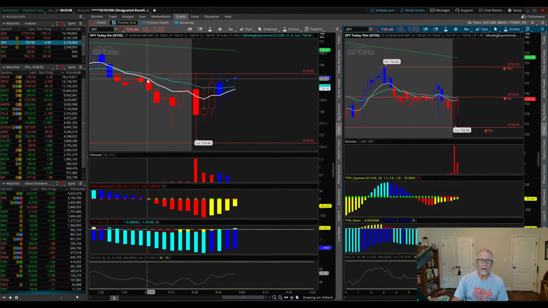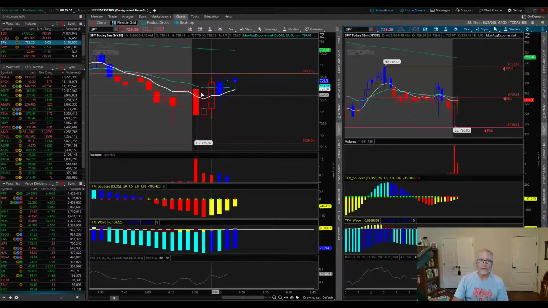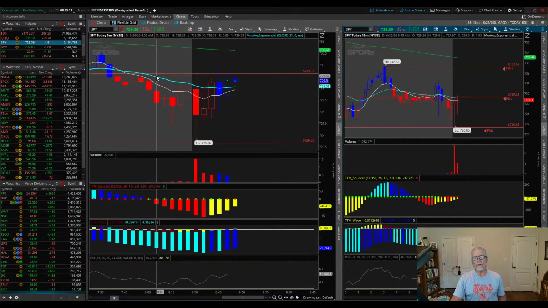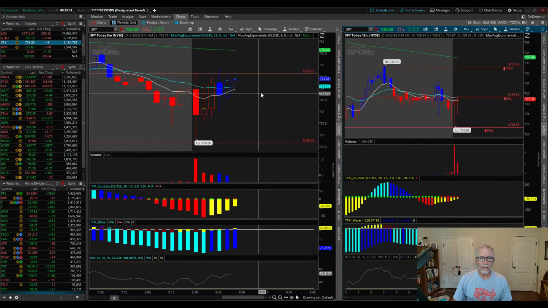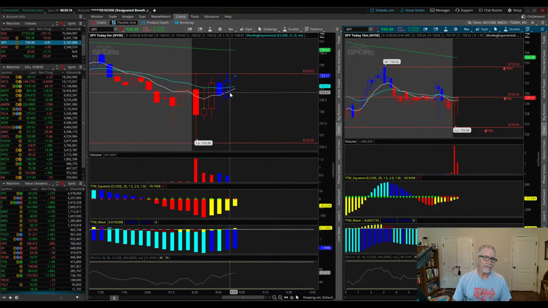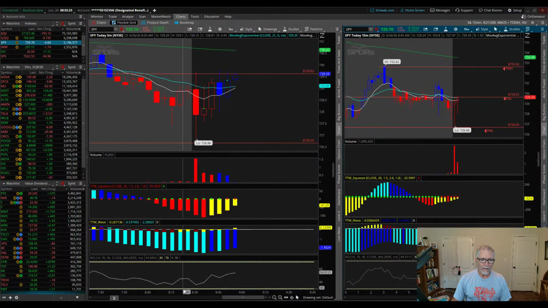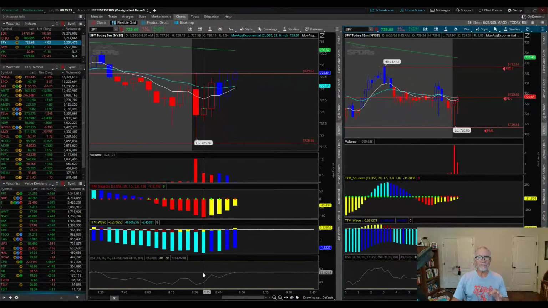And looking at the white line, remember, is an 8 MA, and the blue line or fluorescent line is the 21. I love to take day trades if we get a cross on that. I also like to get a trade if the RSI sells below 30, which it has not come even close. So this is positive. This is good.